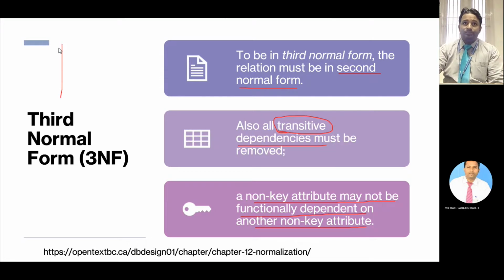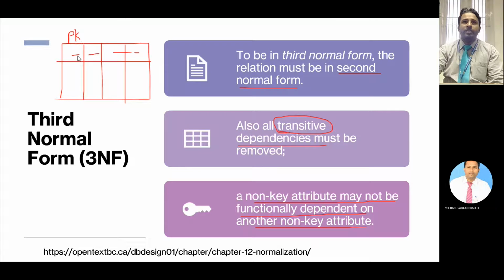Suppose this is a table and these are the columns: column 1, column 2, column 3, column 4. Now consider this one as a PK, that is the primary key attribute. This is the key attribute, and all these are non-key attributes. There should not be any dependency from one non-key attribute to another non-key attribute.